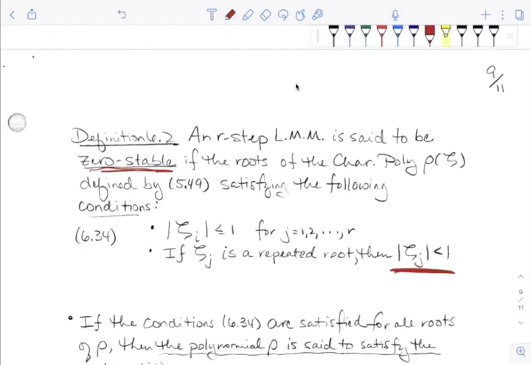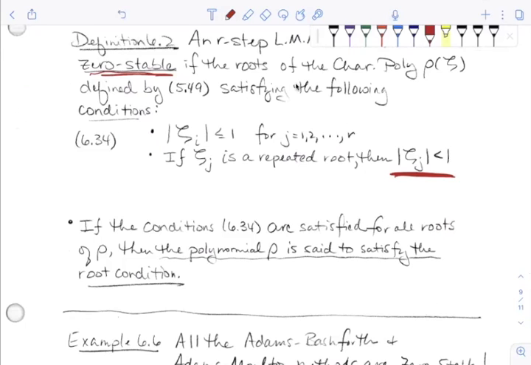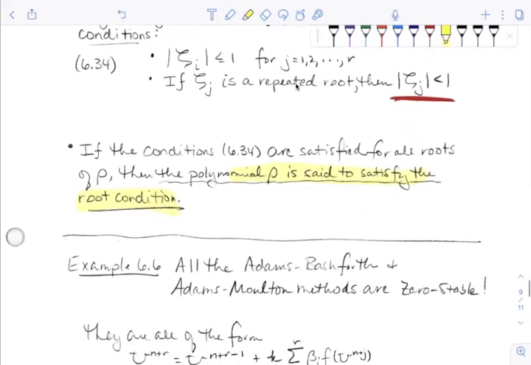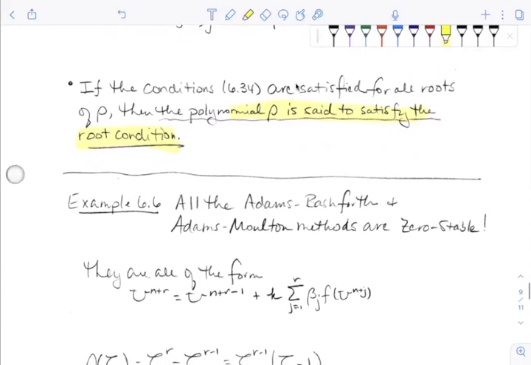And I think you've seen why in the previous examples. If the conditions in equation 6.34 are satisfied for all roots of rho, then that polynomial rho is said to satisfy the root condition.